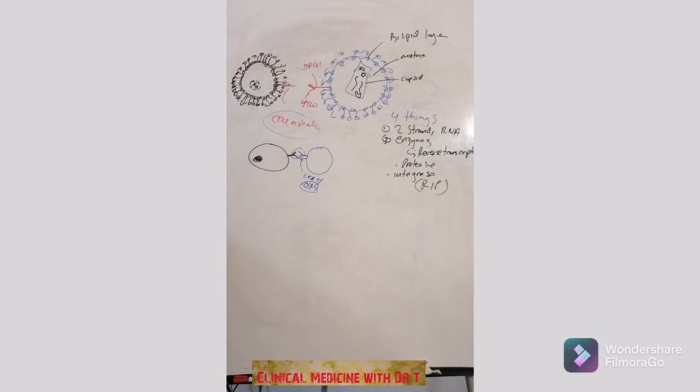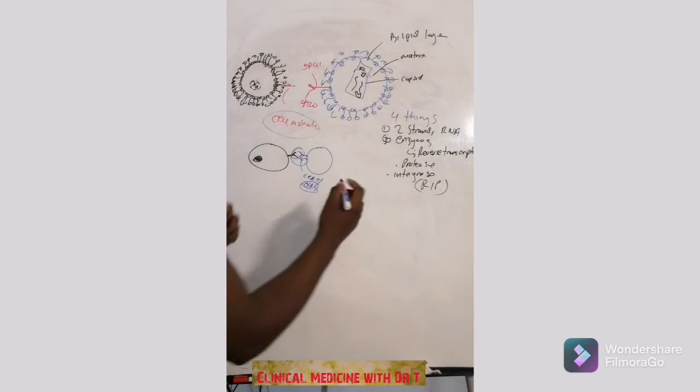So a cell that does not have a CD4 receptor on its surface cannot really attach to the virus. Once this attachment occurs, these two cells are brought close together.